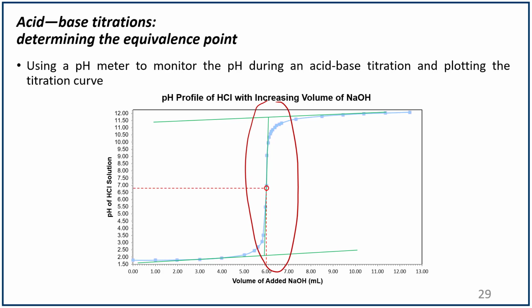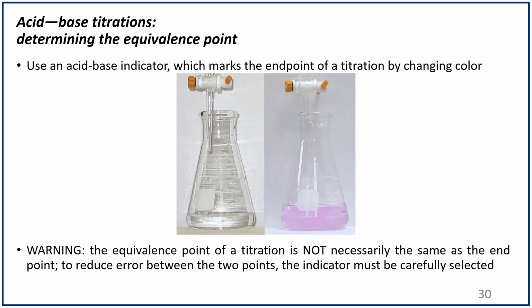But the most common way, in the absence of a pH meter, is using an acid-base indicator. An acid-base indicator changes color in whatever pH of the aqueous solution it's in. Okay, now that point at which the indicator changes in color given changes in pH is called the endpoint.